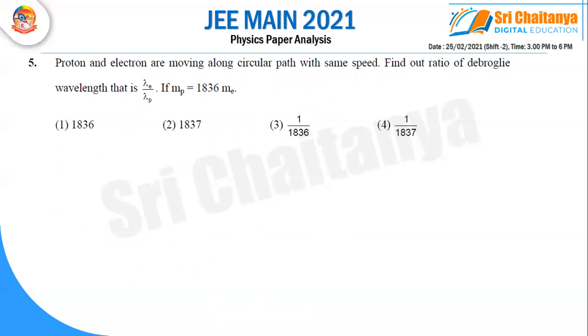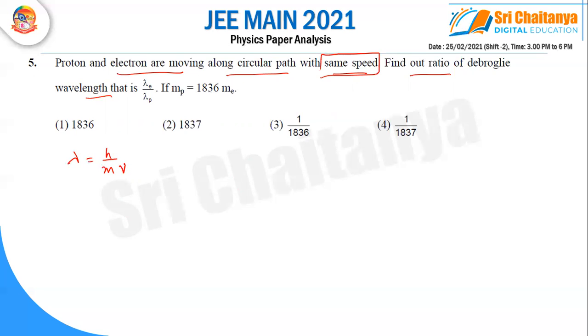A proton and an electron are moving along a circular path with the same speed. Find the ratio of the de Broglie wavelengths. He says same speed. The de Broglie wavelength lambda is equal to h by mv.